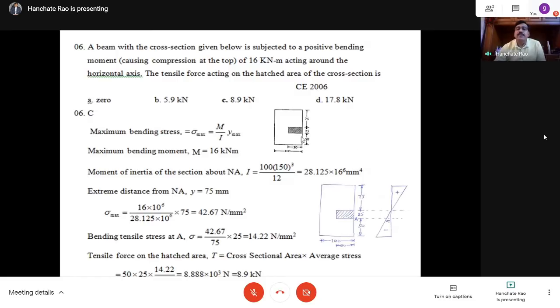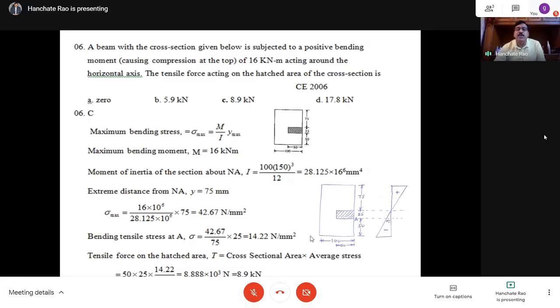So what we want is the stress at the hatched portion. So use the principle of similarity. This is the stress distribution. Here at the top, the sigma max is equal to 42.67. So what is the stress here at the point A?